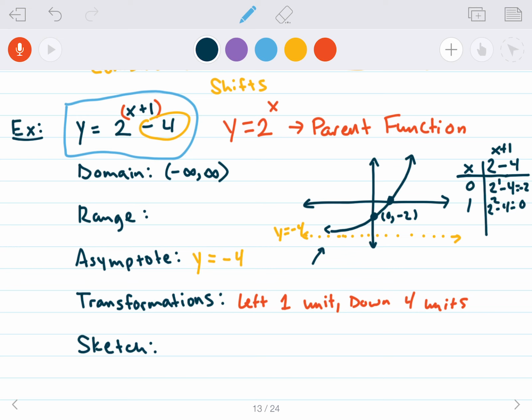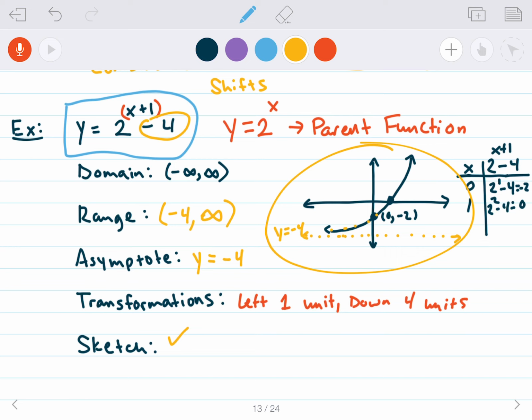It's never going to touch it, but it's going to get arbitrarily close to it. So the range is starting at y equals -4, and we can see that this thing grows forever and ever and ever. So it's going to grow to infinity. Okay, and we did our sketch up here. So this is our sketch.